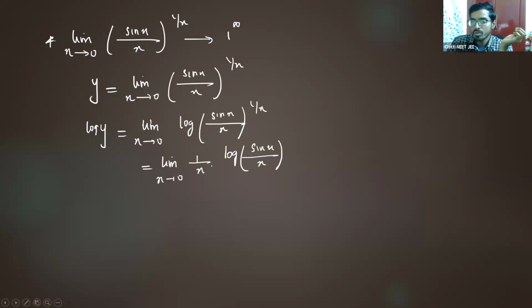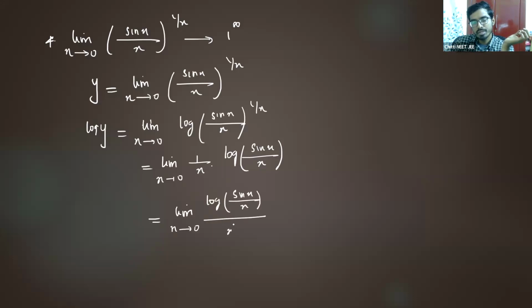Is it clear? So it is 1 by x log of sin x by x. So how we will differentiate this? So in the numerator we have log of sin x by x. The denominator we have x, right? Okay. Now you differentiate this.